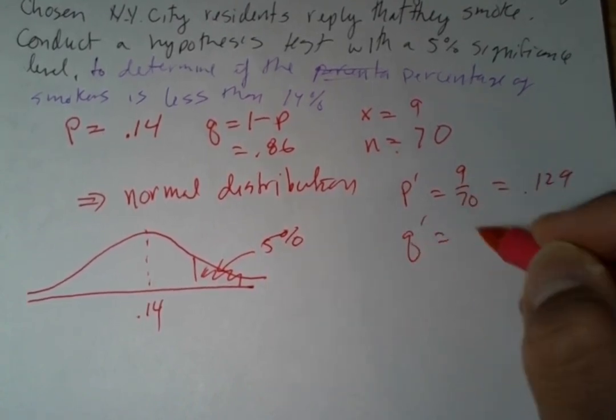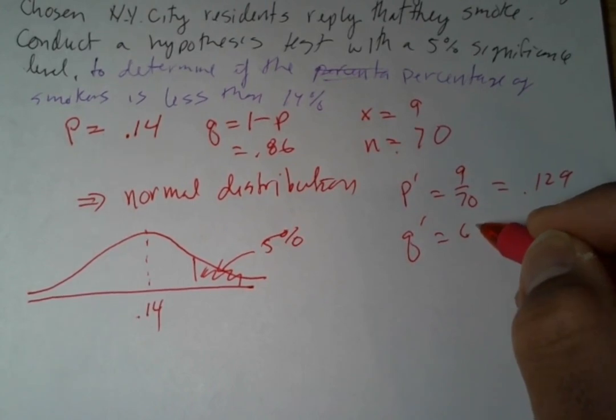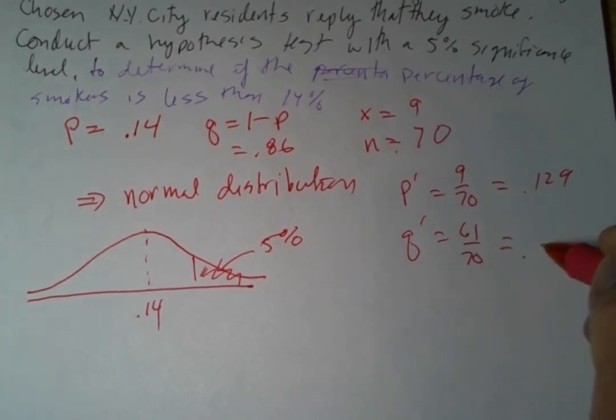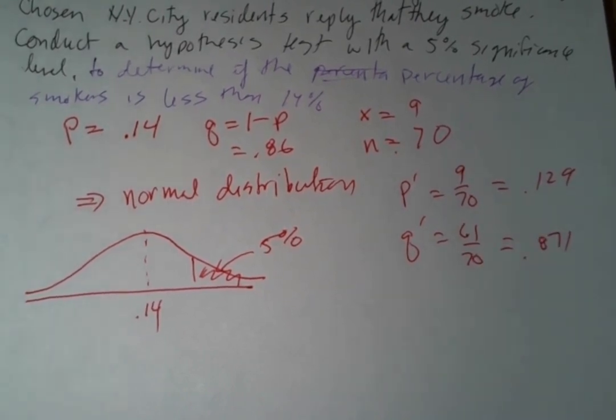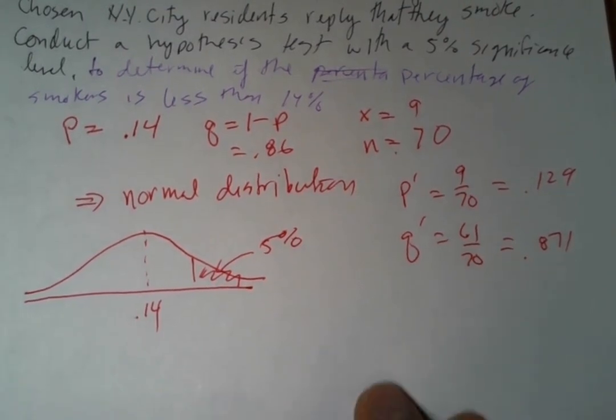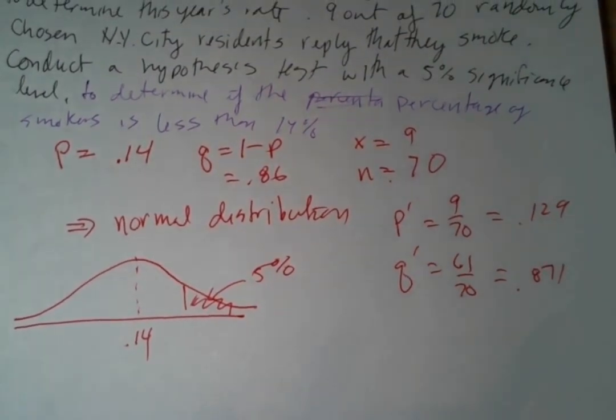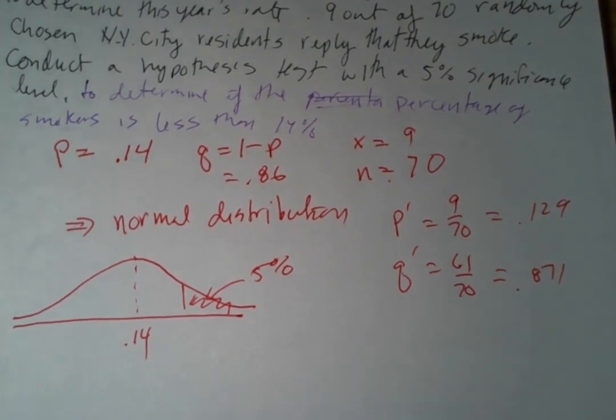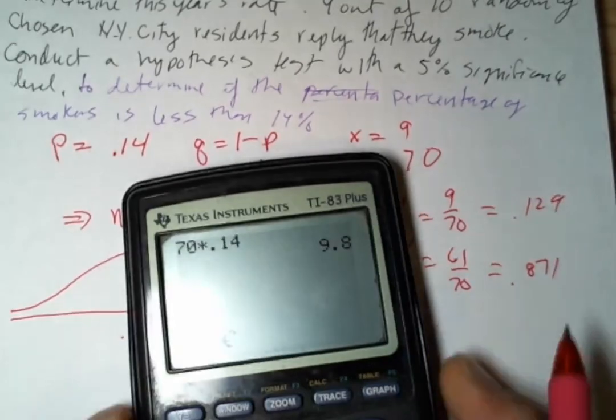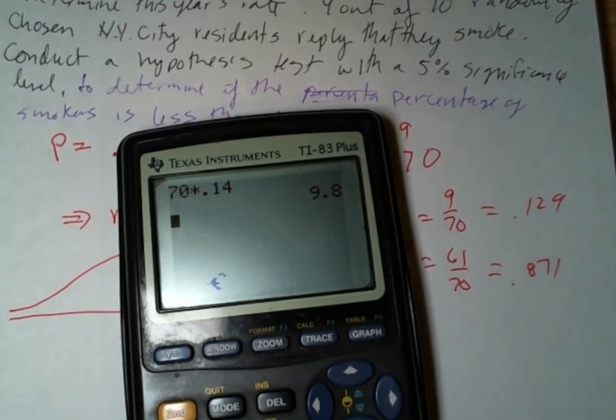And q prime would be the rest, 61 over 70, which is 0.871. So I've identified the relevant information here. The next thing is I'm going to let my calculator do the rest of the calculations.